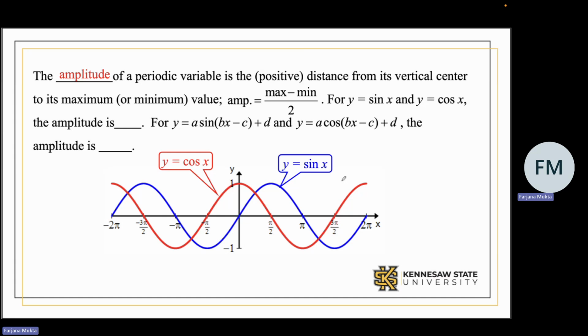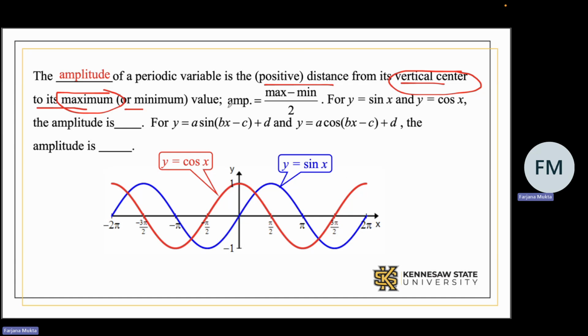Please know that the trig functions, sine and cosine, are periodic functions, right? The amplitude of a periodic variable is the positive distance from its vertical center to its maximum or minimum. You can think of any direction.